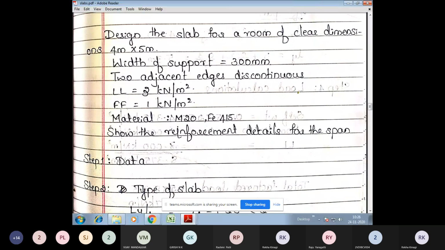So let's consider one more numerical example for the design of slab. We'll just go through this and later, we'll go ahead with the detailing part in detail, both one-way slab as well as two-way slab.